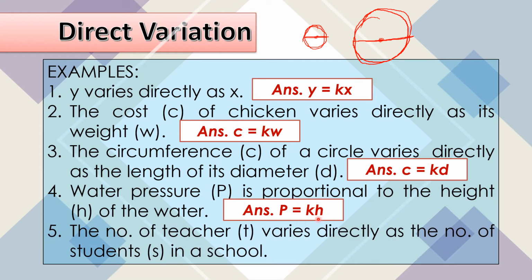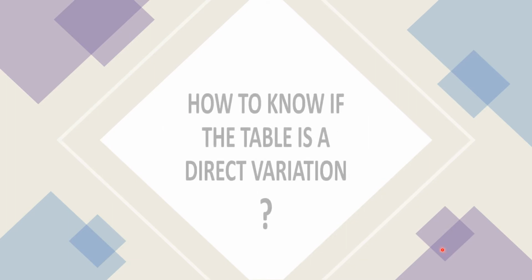The number of teachers, T, varies directly as the number of students in a school, S. Answer, we have T equals kS. T, ito yung teacher, equals the constant saka yung number of students. Kung anong nilagay dito, siya yung ating gagamitin. So yan, move on na tayo.